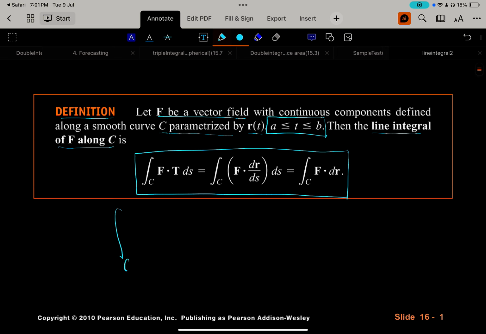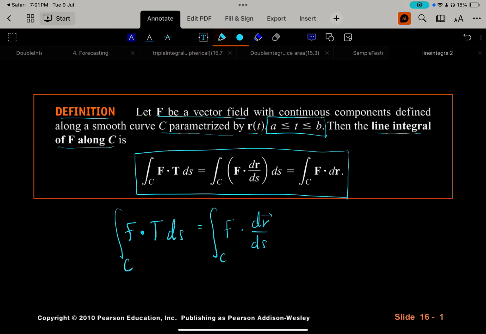This is basically the integral over C of F dot T ds, which is also equal to the integral over C of F dot T, which is basically F dot dr over ds.